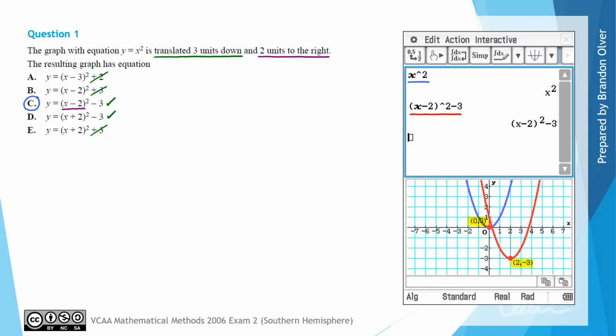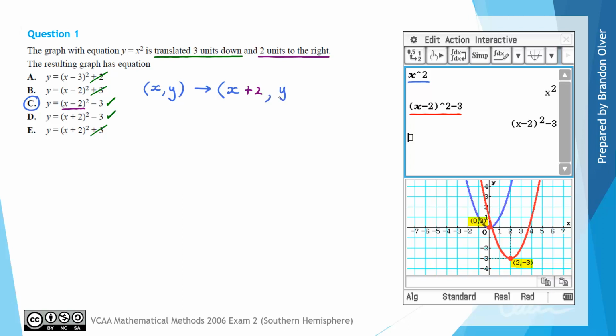Now, if you weren't 100% sure how to get that rule just by inspecting what transformations have occurred and what needs to appear in the new rule, you could have used mapping. The mapping way would have been to take x and y, and map them to a new coordinate: x plus 2 to translate 2 units to the right, and y subtract 3 to go down 3 units.